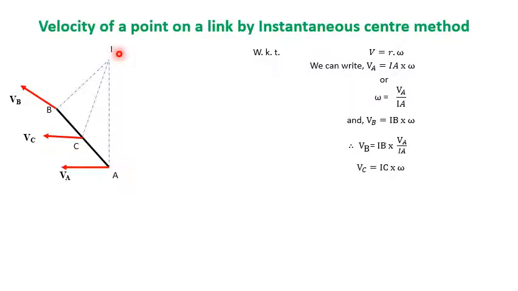So by using the same equation, that is v is equal to r into omega, we can find the velocity of the point C. Therefore the general equation can be written as omega is equal to VA by IA, VB by IB, VC by IC, because this link AB or this element AB is rotating with the same angular velocity omega. Therefore we can relate all the equations with respect to omega.